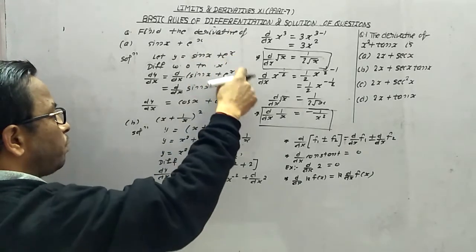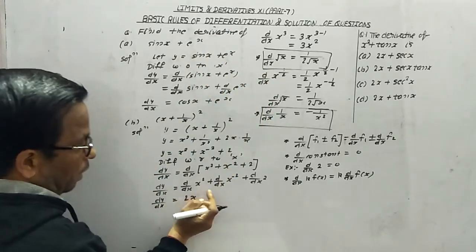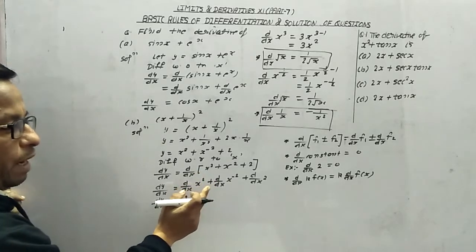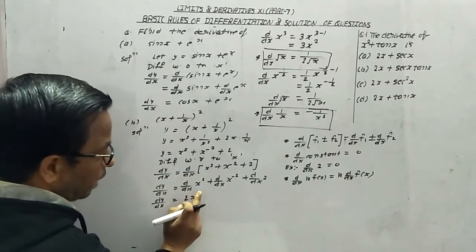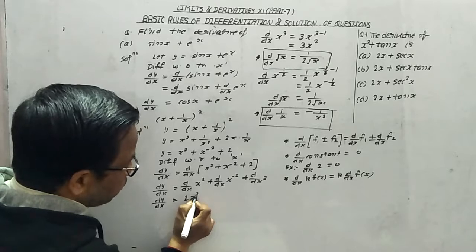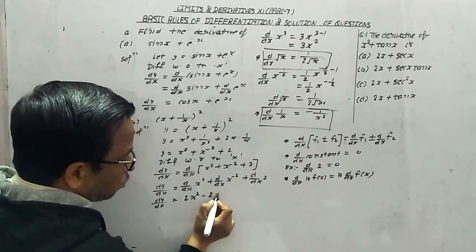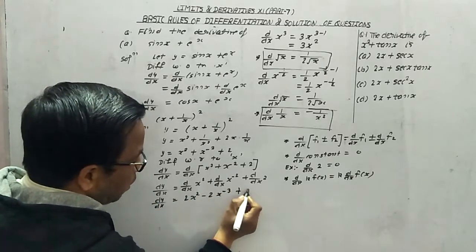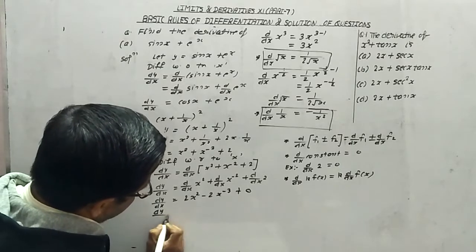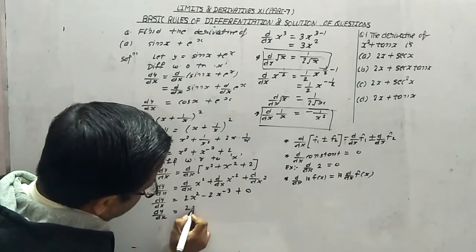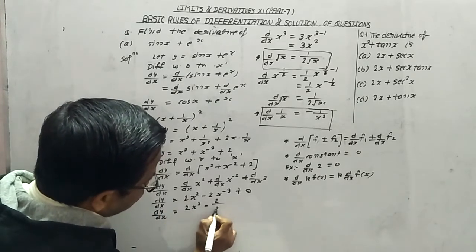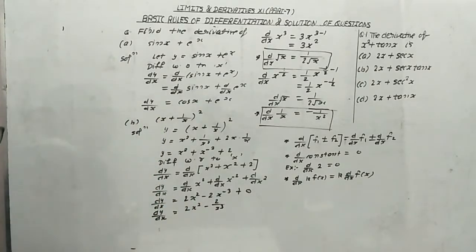Here we are applying the rule x raised to power n, what is this? N into x raised to power n minus 1. That means 2, and now this is minus 2 x raised to power minus 3 plus 0. It means dy by dx is equals to 2x minus 2 upon x cube. And this is the answer for this part.